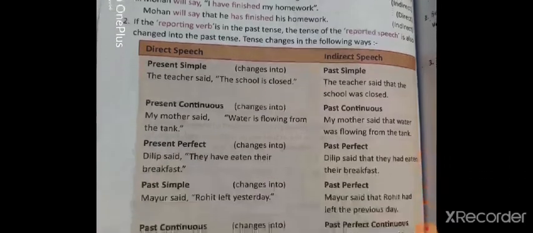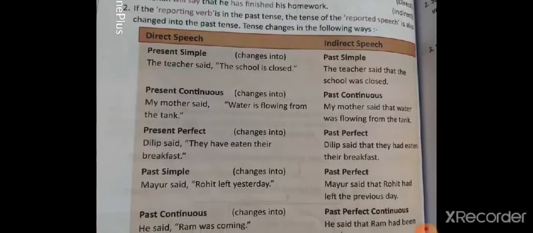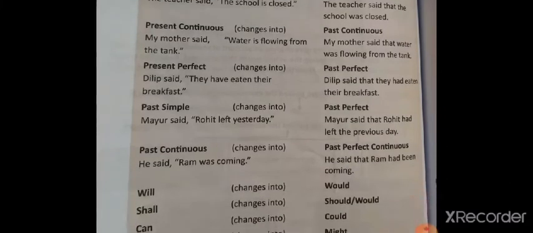Now direct speech. In this, present simple changes into past simple, present continuous changes into past continuous, present perfect changes into past perfect, past simple changes into past perfect, and past continuous changes into past perfect continuous. If you know the tenses really well, this won't be a big problem for you all.